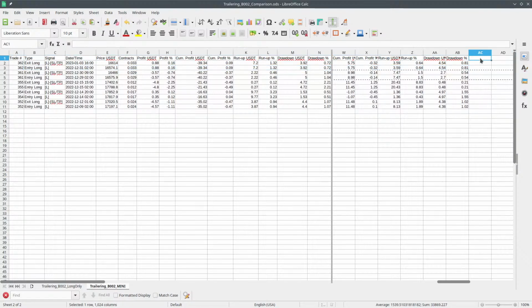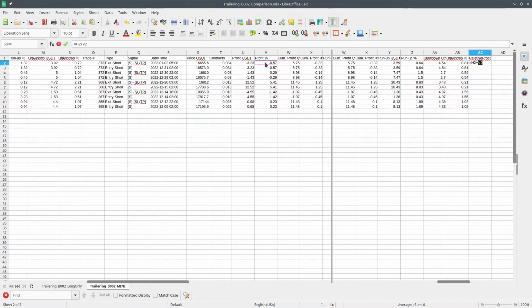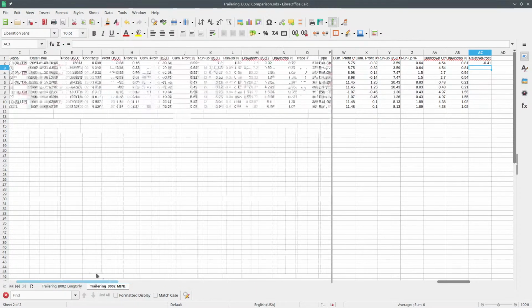So here we have this relative profit, which is a name that I have used, which might be useful or not. So we have this profit here, and we also want the profit from here. Look at that.